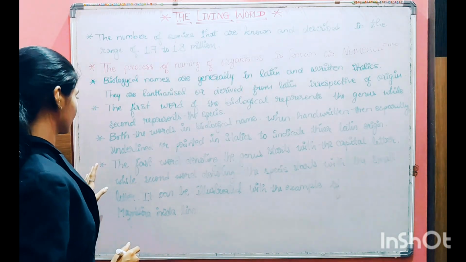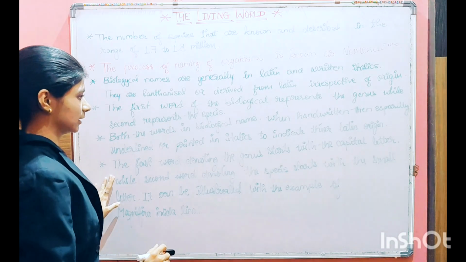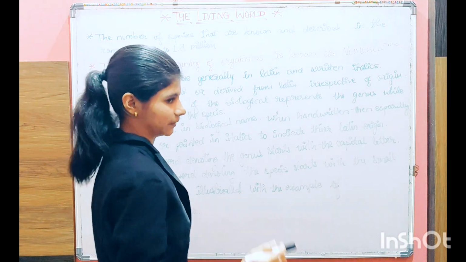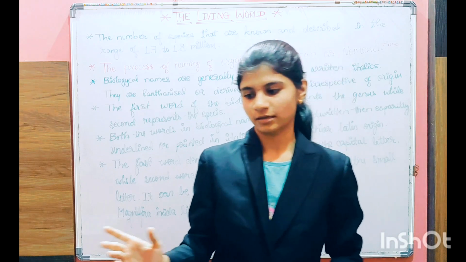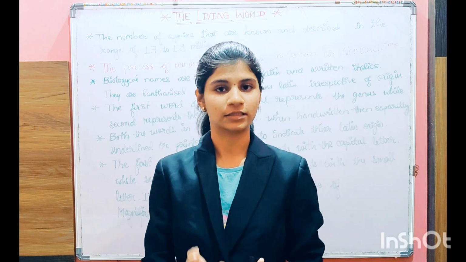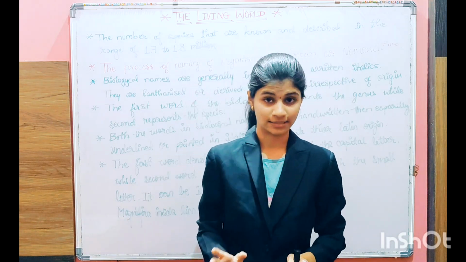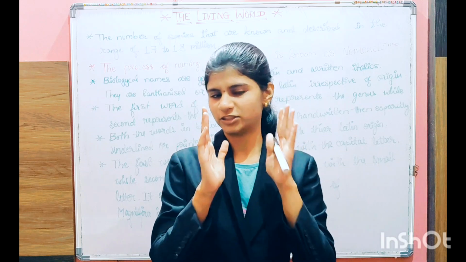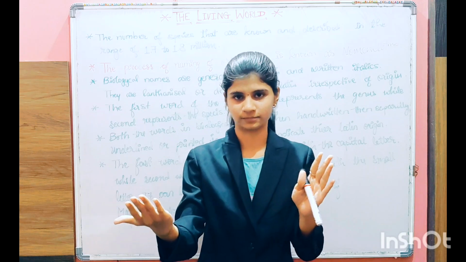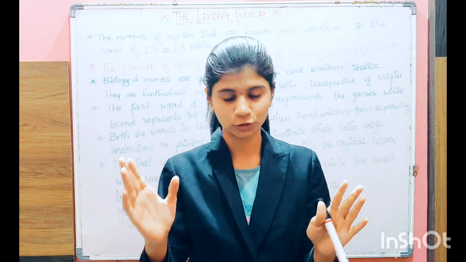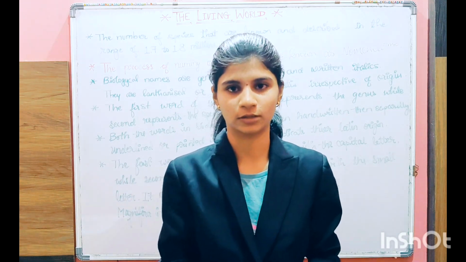Then the first word, denoting the genus, starts with a capital letter. The first word in the biological name is always written with a capital letter, and the second, the species, which comes just after the genus, should be written in small letters only, not in capital.